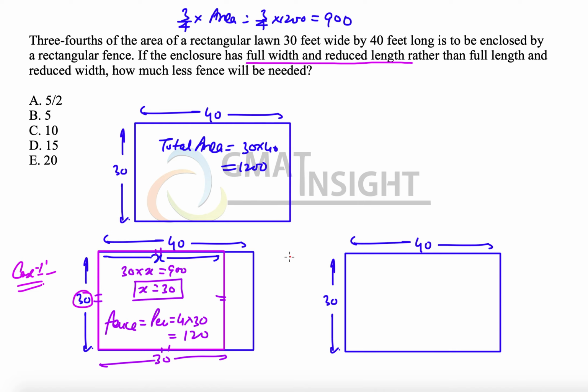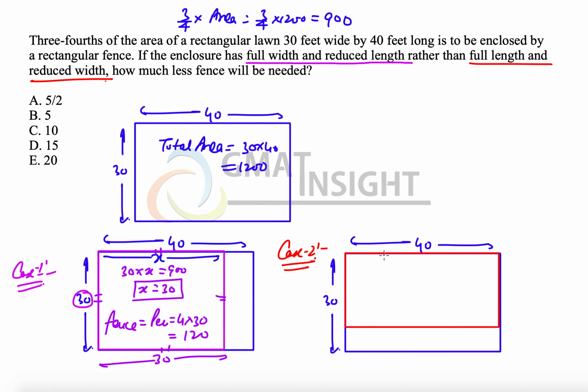Now let's quickly take case number 2. So here we have case number 2. Case number 2 is the case in which we have to take the full length and the reduced width. Now once again we have to enclose it, but the enclosure has to be taken in this way, right?